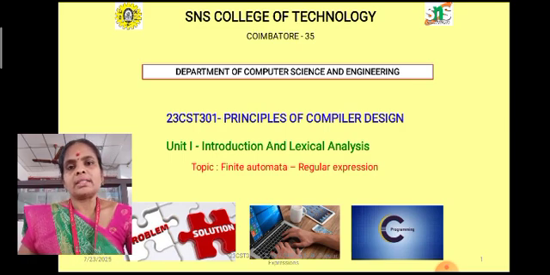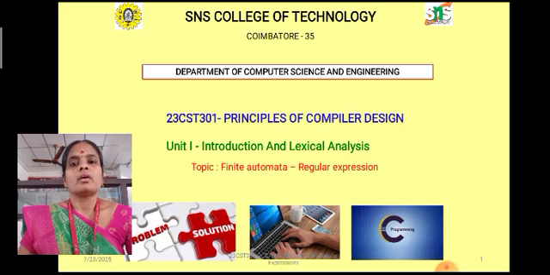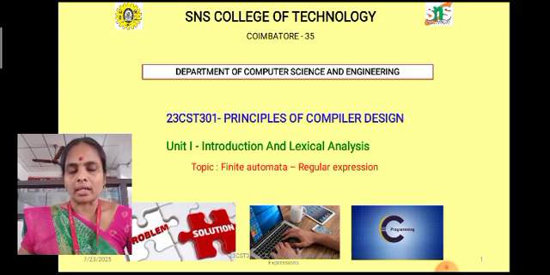So this is the basics of the compiler, and now in this video we are going to look into automata and regular expressions. When we see the compiler as a course, the prerequisite for learning it is the theory of automation. The theory of automation is entirely about finite automata, and now we'll have a gist, or an introduction, to finite automata because that forms the basics for your lexical analyzer.